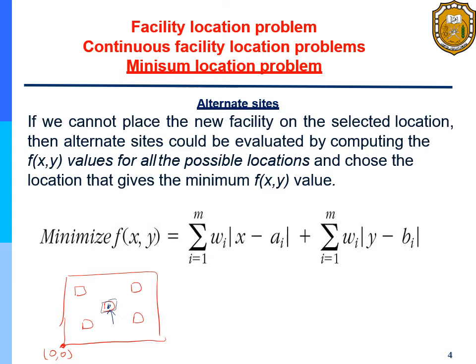In some cases, we have some set of alternatives saying that, okay, you can place your new facility here or here or here or here. If there are such alternatives, of course, the problem is not continuous facility location anymore, but it becomes discrete facility location. Discrete location with minisum objective and rectilinear distance.